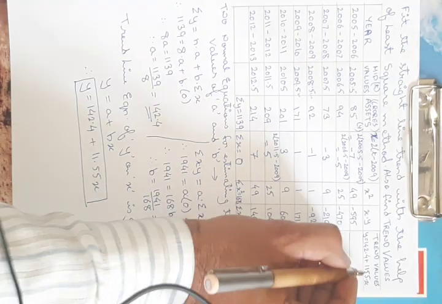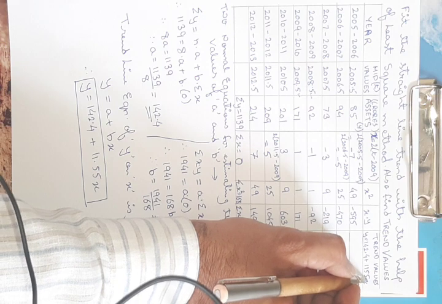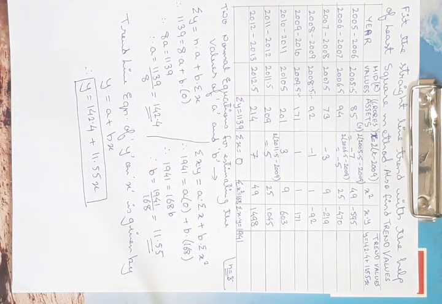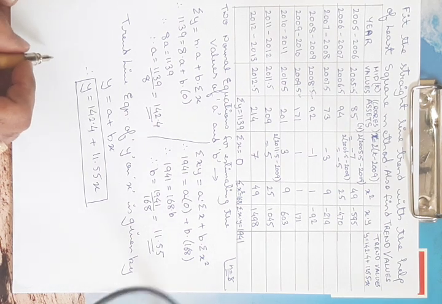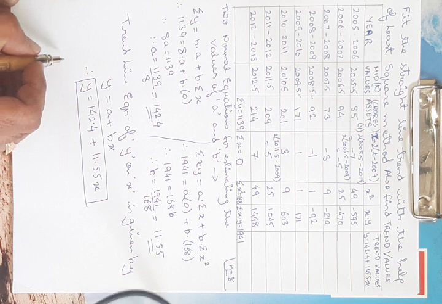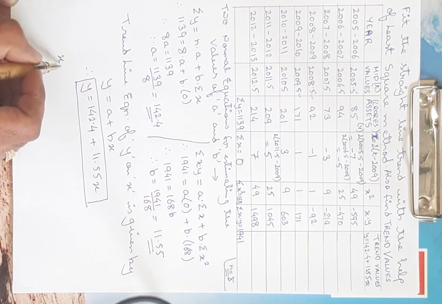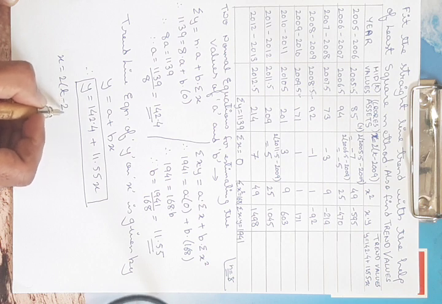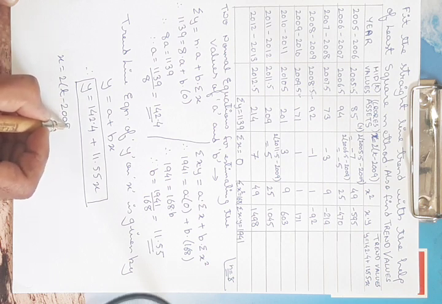What we have taken is the mid value, x is equal to 2 into t minus 2009.